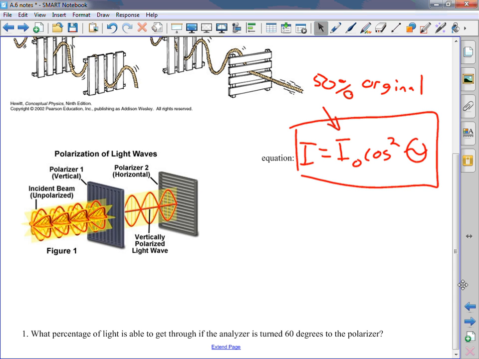The only light allowed to come through is the vertical, which is why with sunglasses you can see the surrounding world, but you don't see any glare anymore.